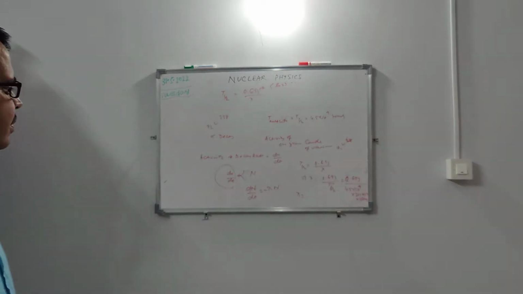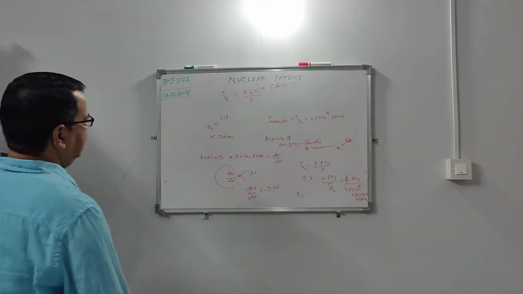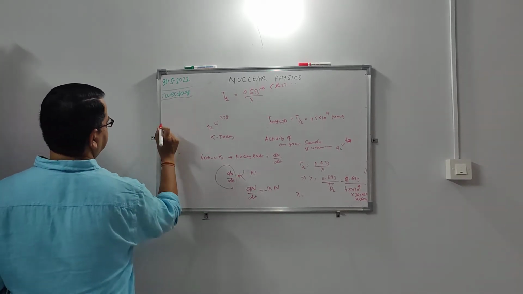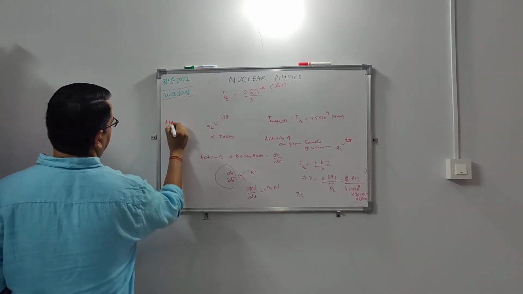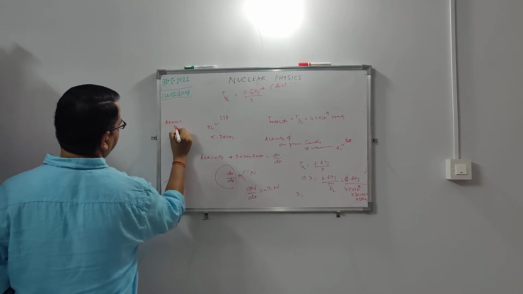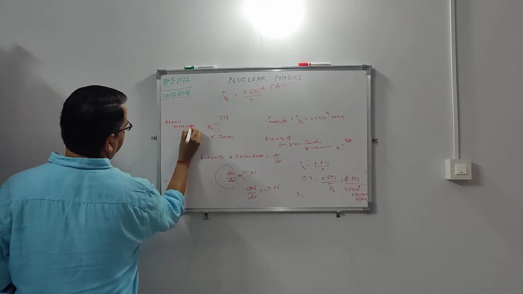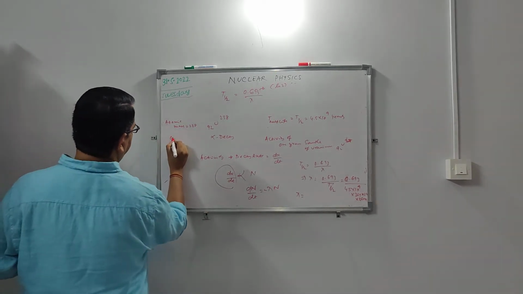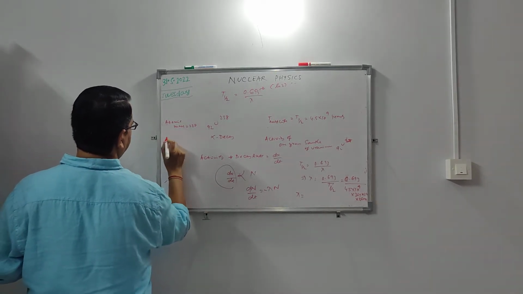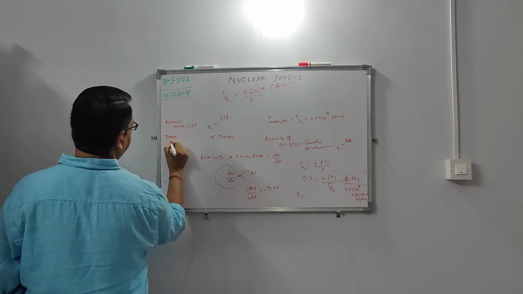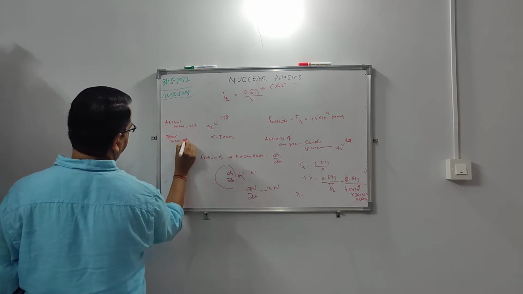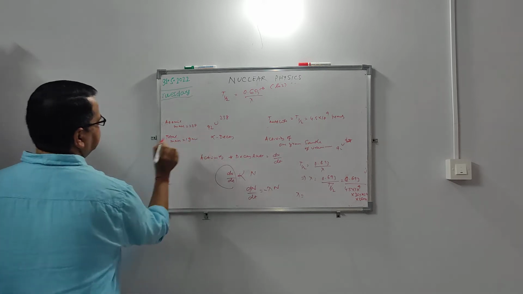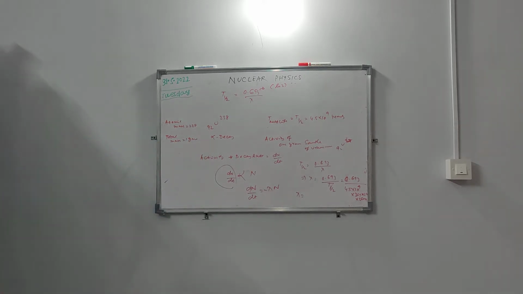If it is the number of atoms per second, then my atomic mass is 238 here, and it is 1 gram, the total mass is 1 gram. So you have to find how many moles are there in it.